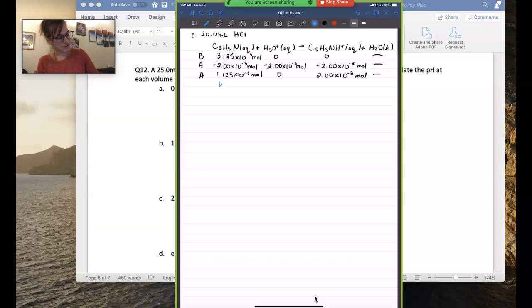Once again, at this point in time, what's in my beaker? It is the weak base and its conjugate acid, which essentially is your buffer. Which means you can use what equation? Henderson-Hasselbalch. It's pKa plus the log of the base over the acid.